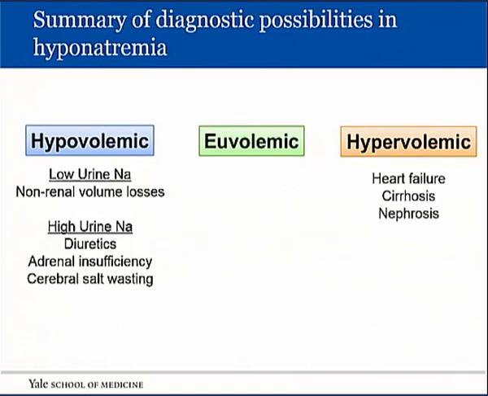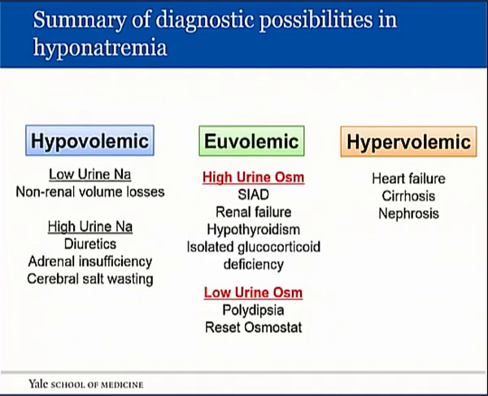If the patient is hypervolemic, then the common causes are heart failure, cirrhosis, and nephrosis. If the patient is euvolemic and the urine osmolality is low, there are the 2 possibilities that we mentioned before, psychogenic polydipsia, as in this case, and reset osmostat.